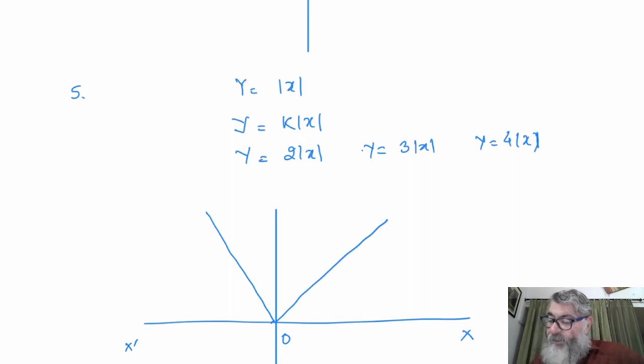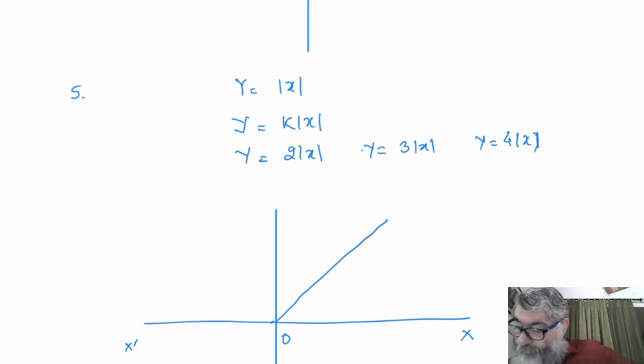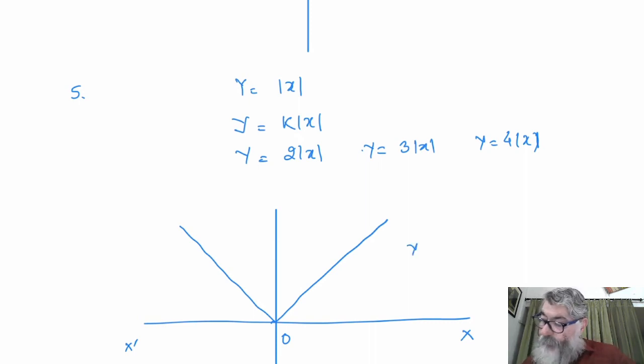It should appear to be the same. Whatever angle it is making to this side, it should make the same angle to this side as well. Generally, for y is equal to modulus x, a 45-degree angle is there.